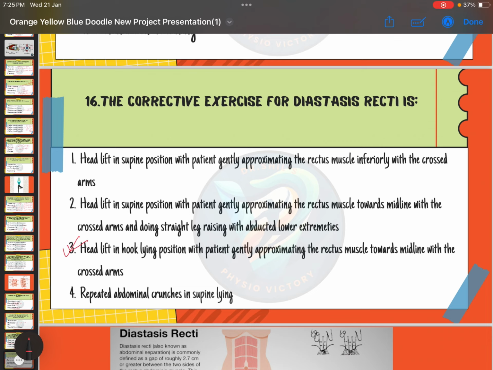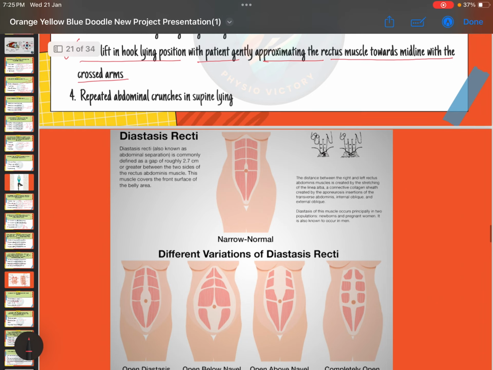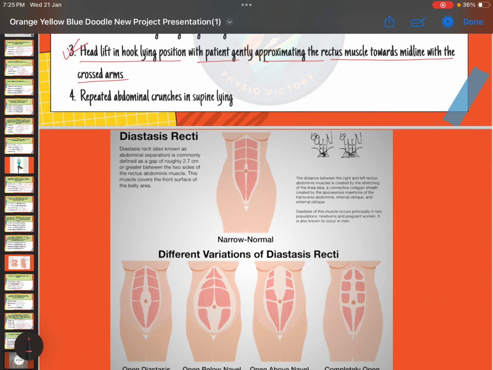Here the correct answer is option 3, head lift in hook lying position with patient gently approximating the rectus muscle towards midline with the crossed arm. Diastasis recti is also known as abdominal separation, which is commonly defined as a gap of roughly 2.7 centimeters or greater between the two rectus abdominis muscles.